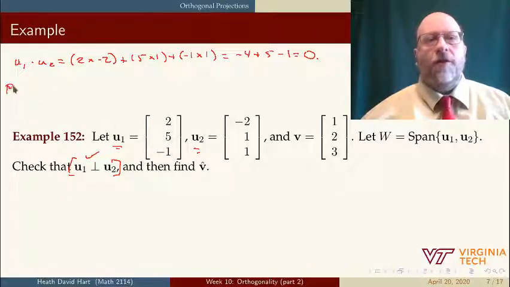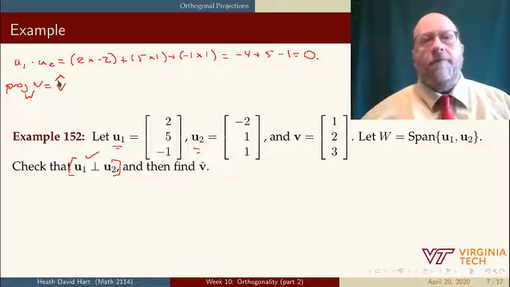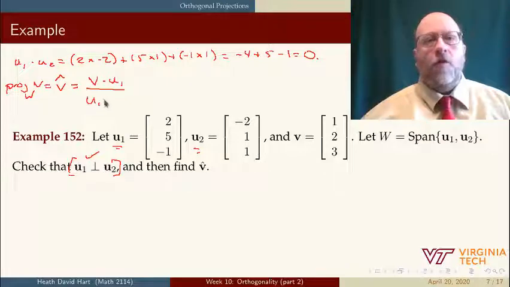So the projection of V onto W, which we abbreviate as V with a little pointy hat on it, here's the formula. We're going to calculate the component of V onto U1. So that's v dot u1 over u1 dot u1.